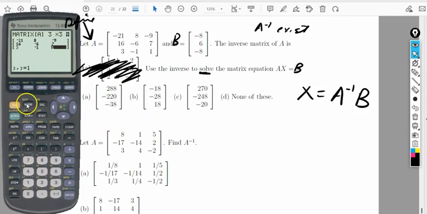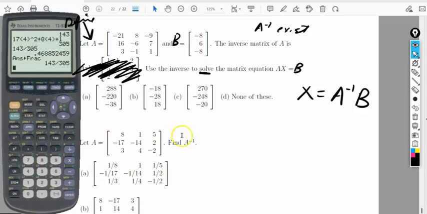Get out, get back in, go over to the editor, and now scroll down to B. B is a 3 by 1. And it will be negative 8, 6, negative 8.